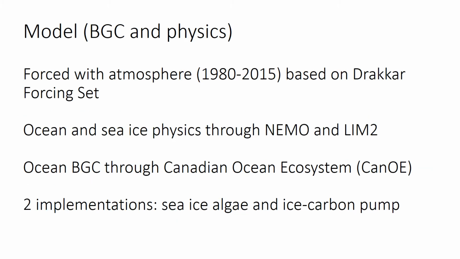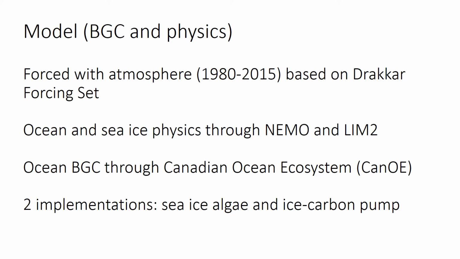Just a brief description of the model that we are using in this study. It's forced with an atmosphere based on the Drakkar forcing set. The ocean and sea ice physics are represented through NEMO, or the Nucleus for European Models of the Ocean, and LIM2 for the sea ice. The ocean biogeochemistry is represented through the Canadian Ocean Ecosystem Model, or CANOE, which is in the process of development at the University of Victoria.